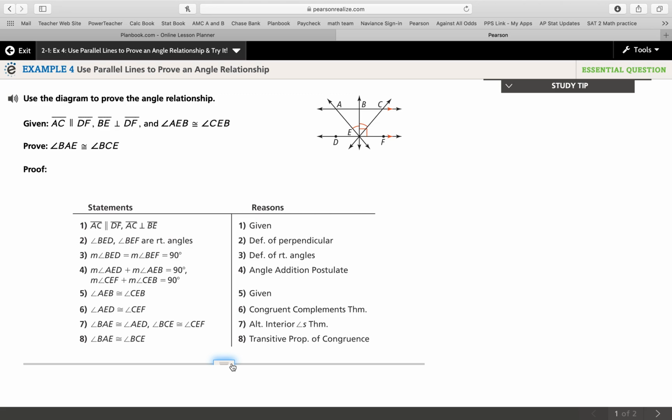It's just that sometimes there's an easier way to prove what you are proving. So if you solved this proof at the beginning of this video a different way, that's okay, right? Proofs are just showing me that you are able to think about these properties and postulates and apply them to a problem.